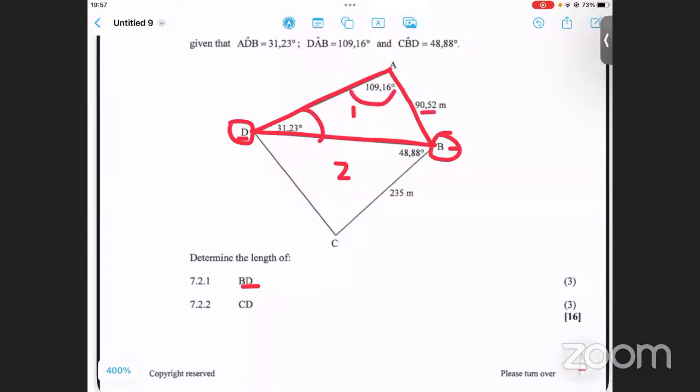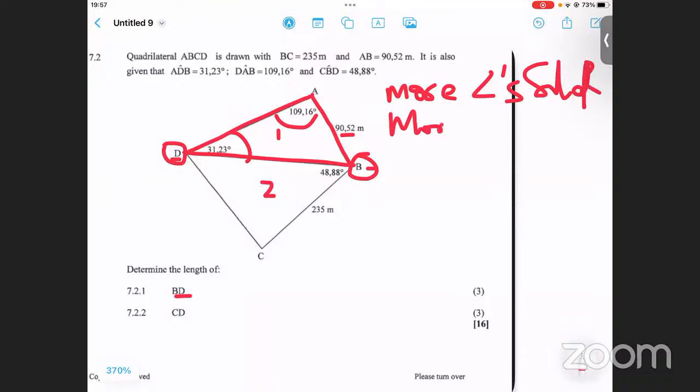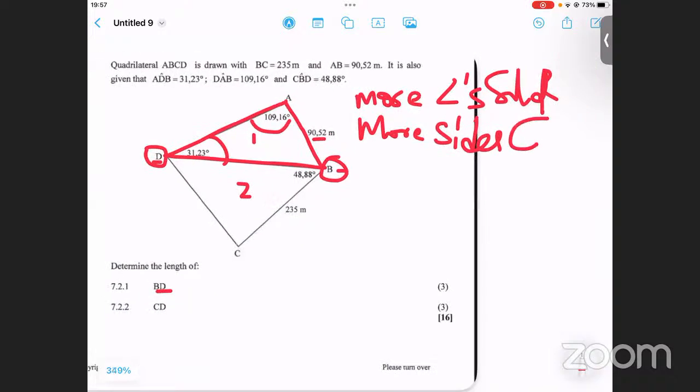Remember, guys, the more angles you have, it means you must use the sine rule. Otherwise, the more sides you have, you must use the cosine rule.